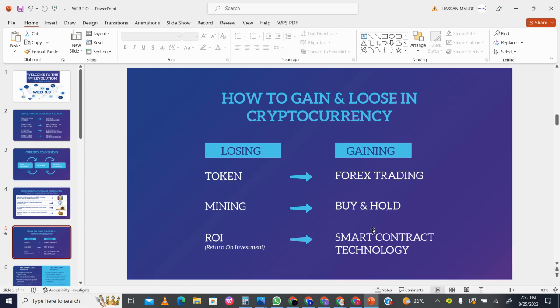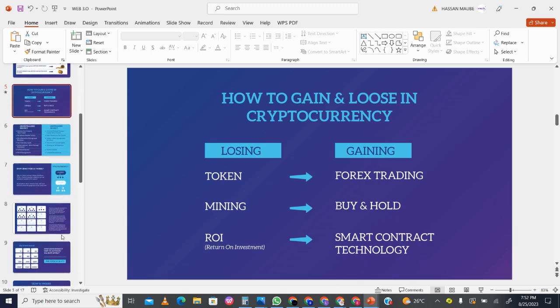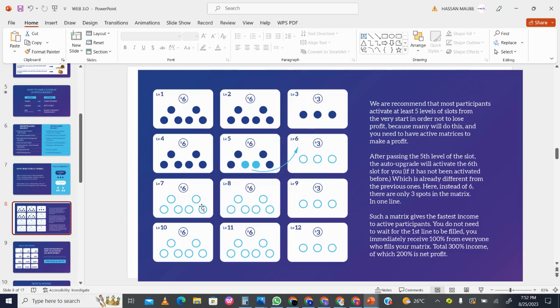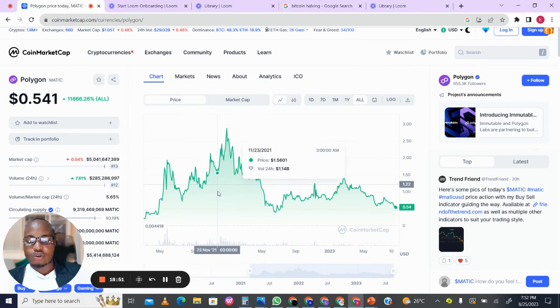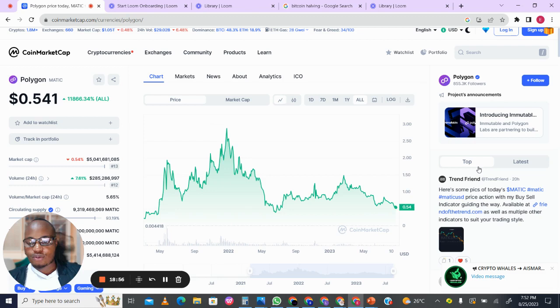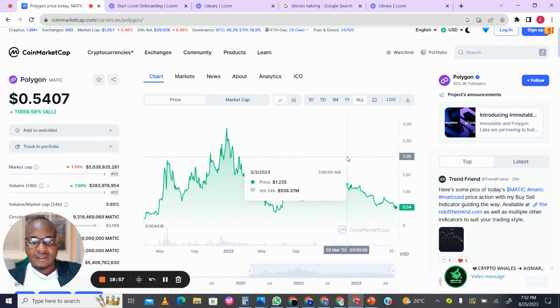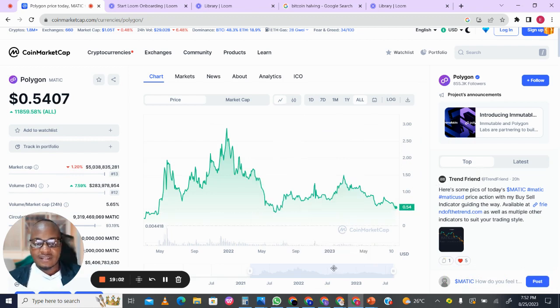Smart contract technology is one of the easiest ways in which you can accumulate this cash. And a very good example is this smart contract technology you have here on Polygon network. Remember, this smart contract technology is on Polygon network. This coin grew 700 times in the previous bull run. And experts are saying this particular coin is going to grow around 300 times or 370 times this time round.